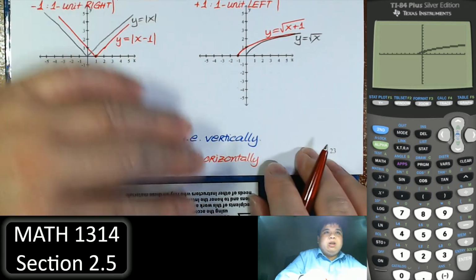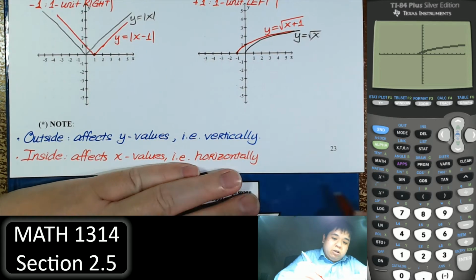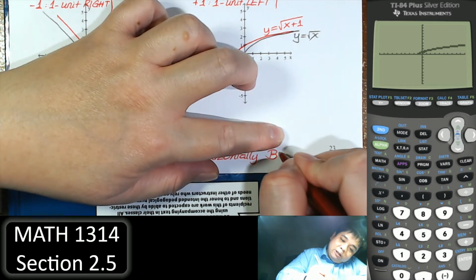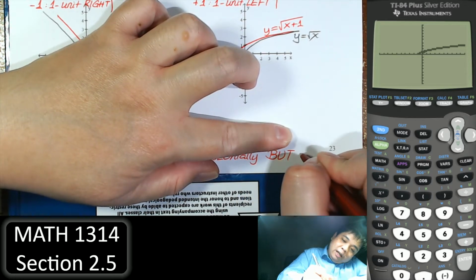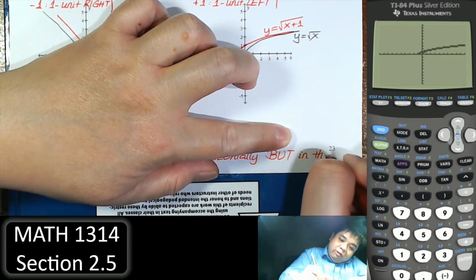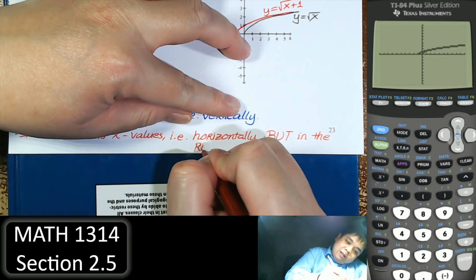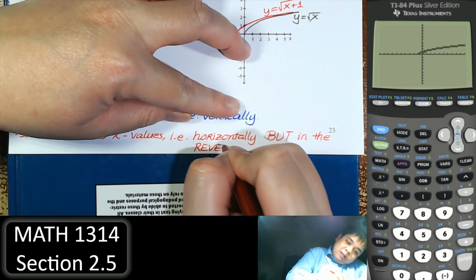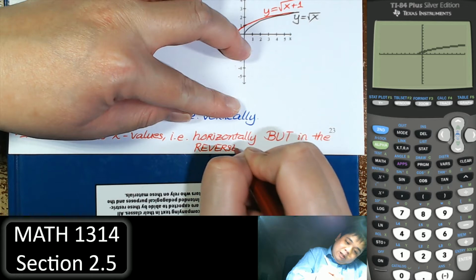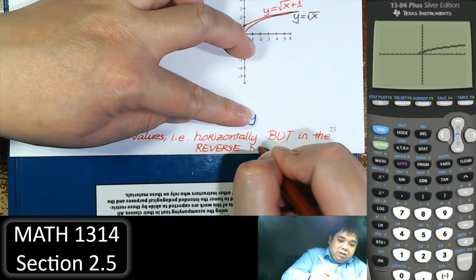But here the important thing, it only affects the graph horizontally, but in the reverse manner.